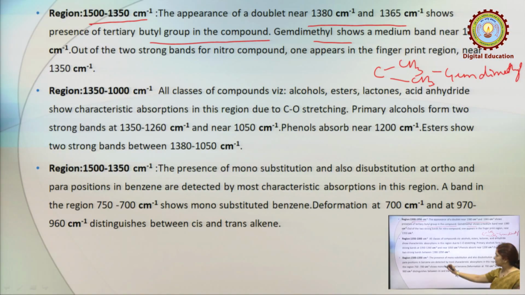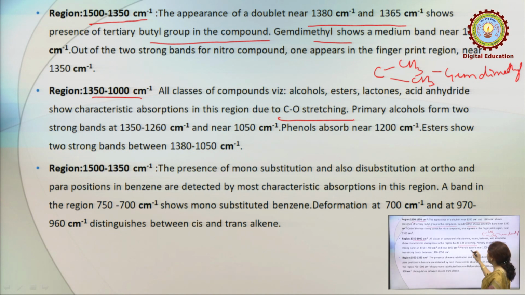Now, the second region is 1350 to 1000 cm⁻¹. All classes of compounds like alcohols, esters, lactones, acid anhydrides show characteristic absorption in this region due to C-O single bond stretching.